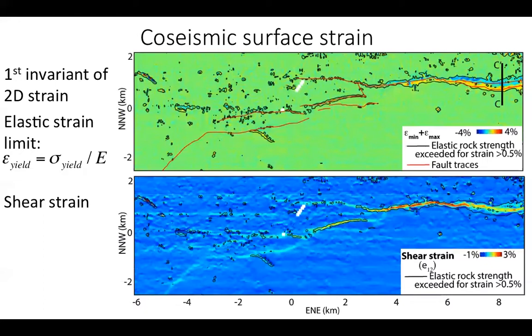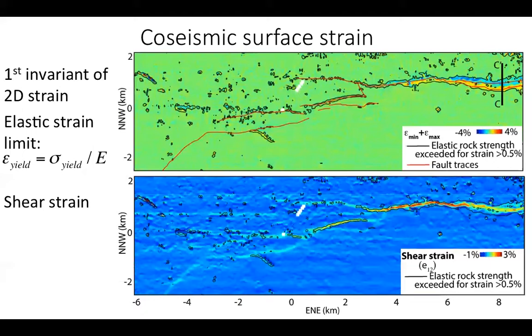To then look at areas that deformed inelastically, I calculated the inelastic strain limit by taking the ratio of the yield stress to Young's modulus. For a range of hard rocks, this actually ends up being about 0.5%, which is interesting.